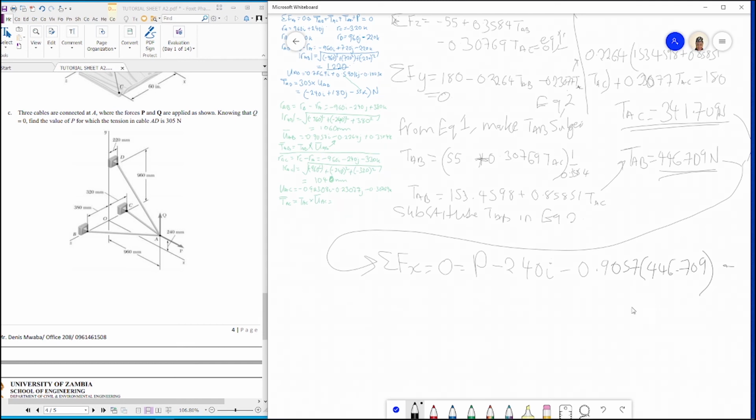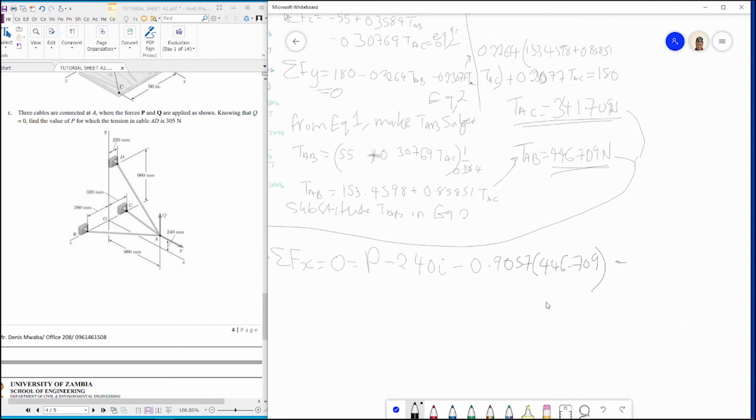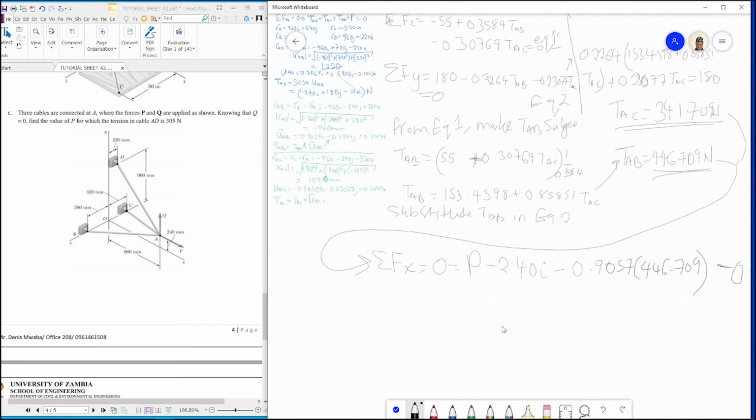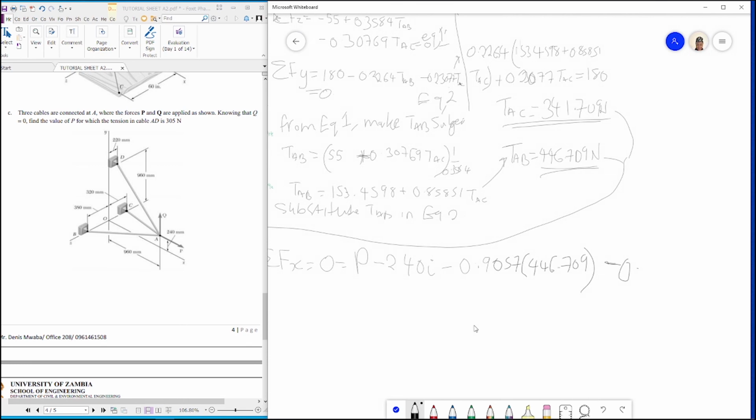Let's see if we can utilize this space. Yes, minus, for AC to be 0.92308 multiplied by the 341.709.